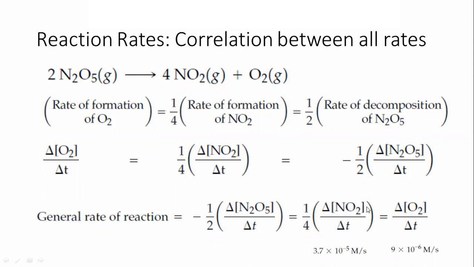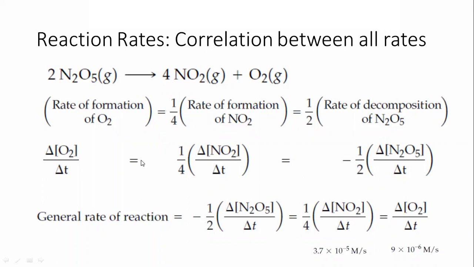Now we are going to calculate the rate of this, and the rate of oxygen is given here. If you look at this equation, the rate of NO2 must be 4 times the rate of oxygen, and this is written in this equation.